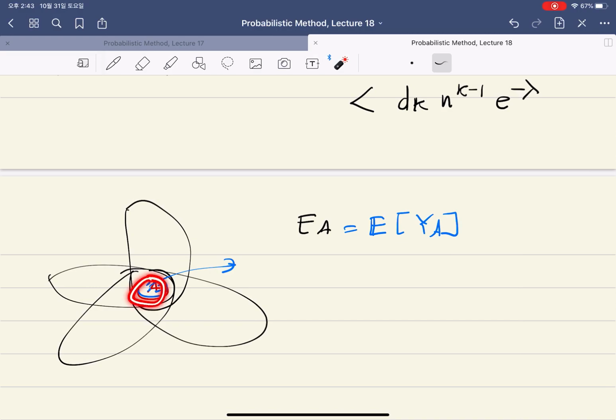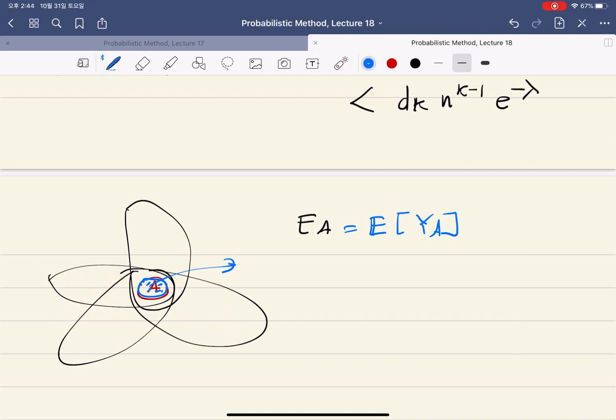But if you determine the values inside of A somehow, and you change those, then roughly this E sub A is how much change we get. So everything outside is not exposed.